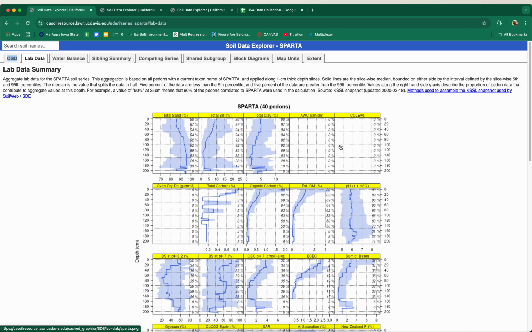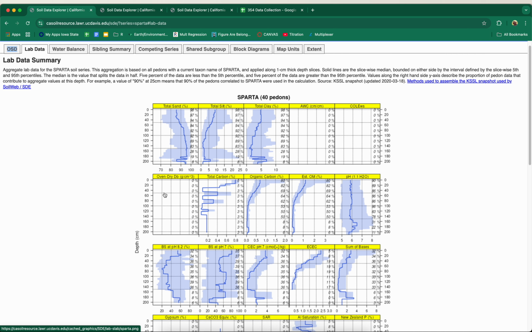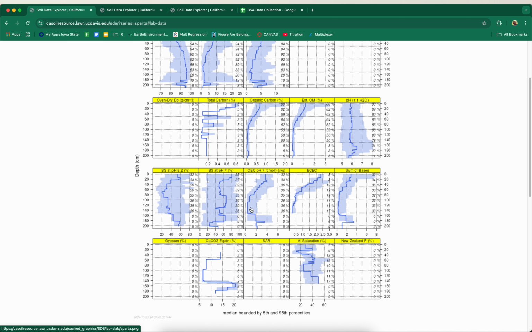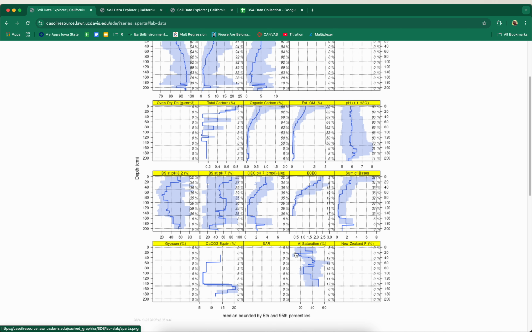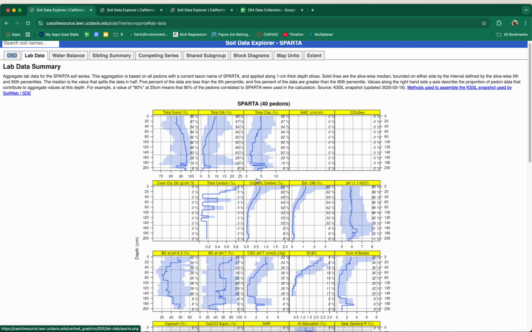Some of these aren't populated, they just didn't have data to fill in there. But what I want to show you here is we have some CEC and base saturation, and even some calcium carbonate equivalent and aluminum saturation, some different potential clues as to what this soil might look like.